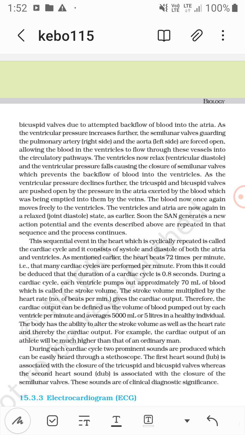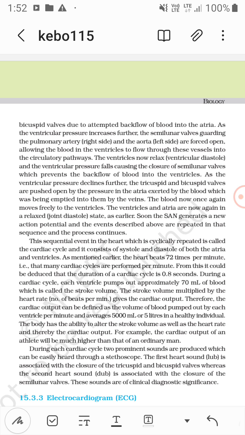The stroke volume multiplied by the heart rate, that is the number of beats per minute, gives the cardiac output. Therefore, the cardiac output can be defined as the volume of blood pumped out by each ventricle per minute, and the average is 5000 ml or 5 liters in a healthy individual.